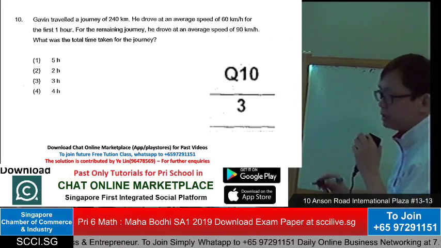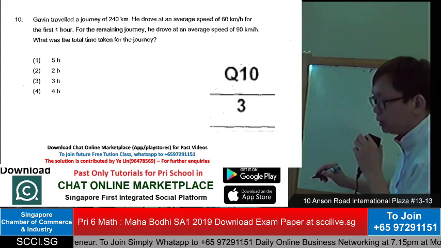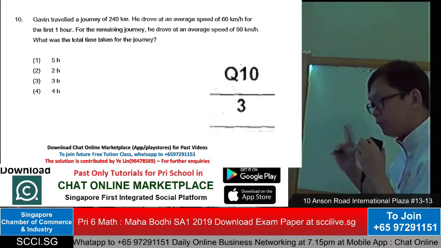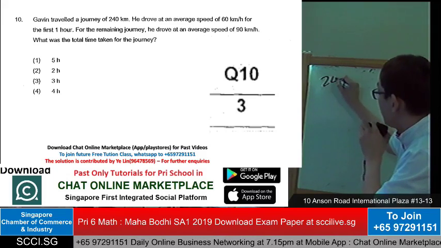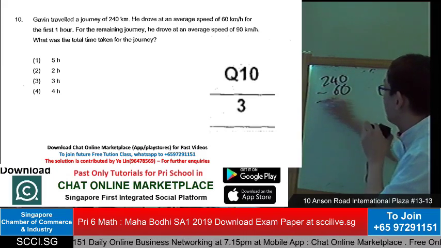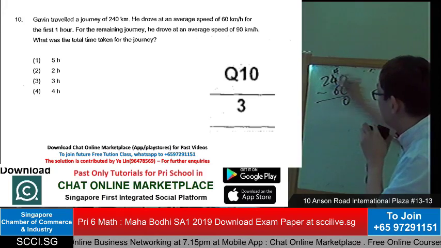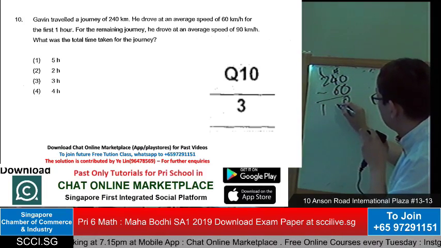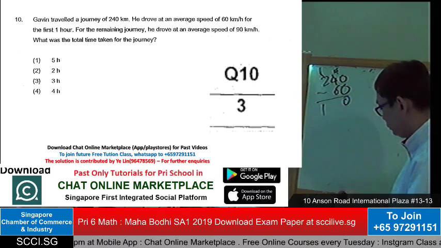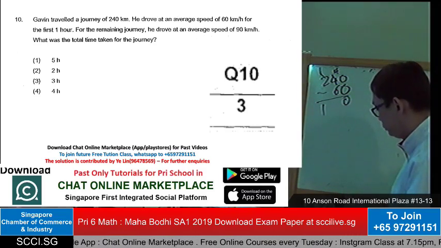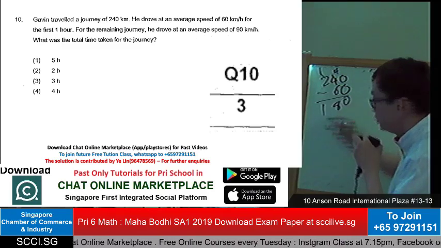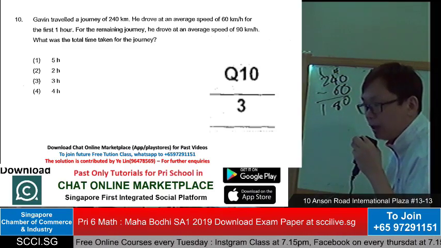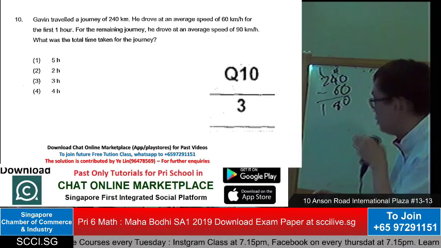So for 240 kilometers, he drove at an average speed of 60 kilometers for the first hour. So 240 minus 60 leaves him with 180 kilometers, and the rest of it he drove at 90.